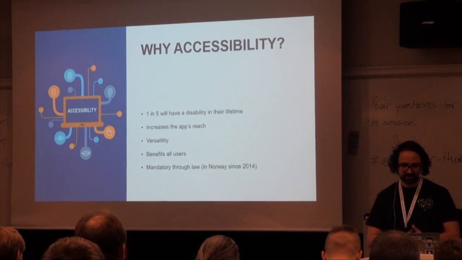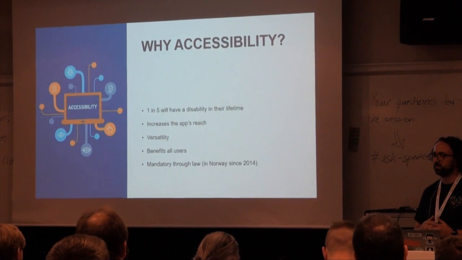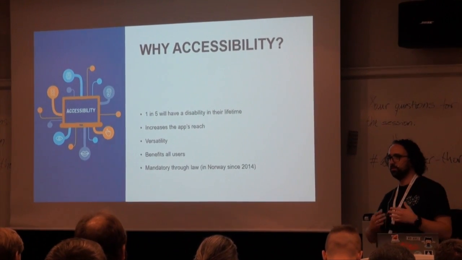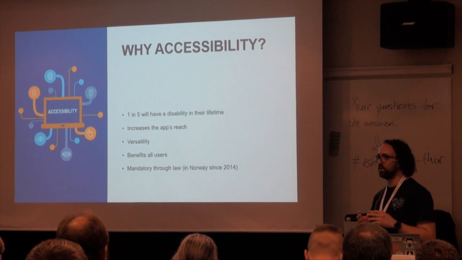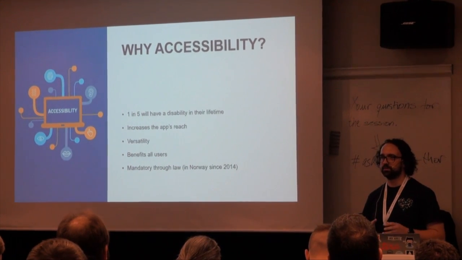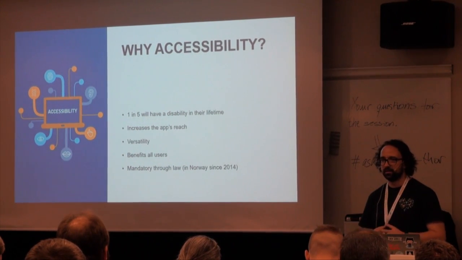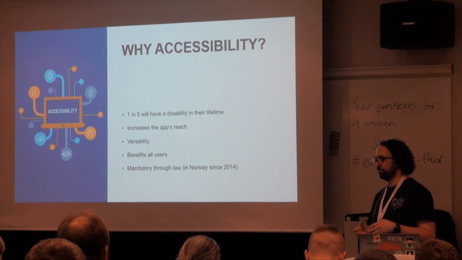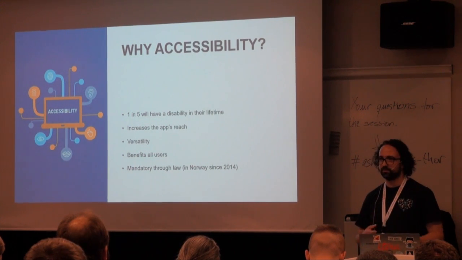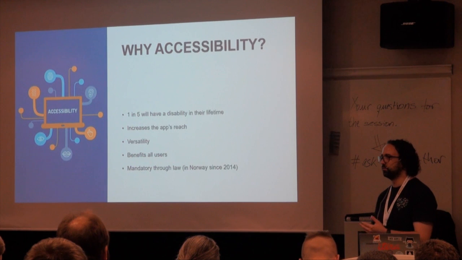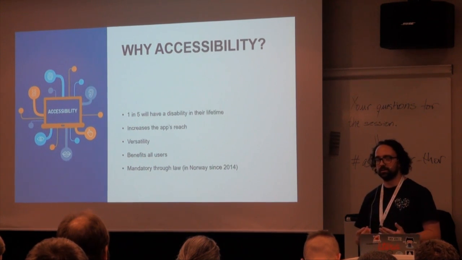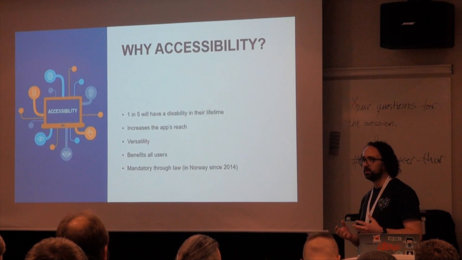All right, so why accessibility? A lot of people don't think about this, but research shows that 1 in 5 will have some form of disability during their lifetime. That can be the things we think about, like blindness or deafness, but it can also be like you break your hand, or when you get older, you have motor impairment, like your hands shake.